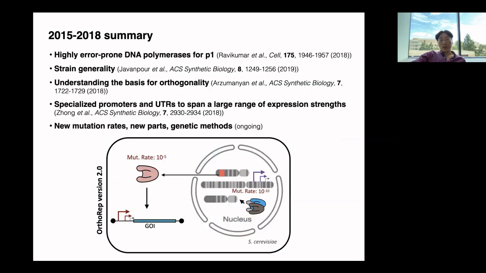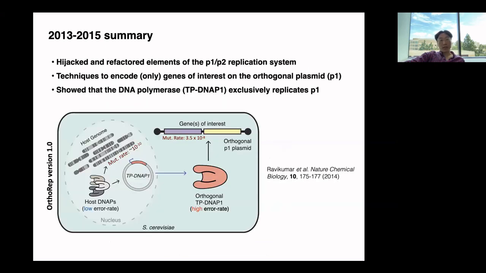And this demonstration of orthogonality was good, but early on, we found that the DNA polymerase for replicating this P1 orthogonal plasmid was actually pretty accurate. And so its natural mutation rate was about 10 to the minus 9. And that is still in a regime that is not fast enough for evolving proteins.